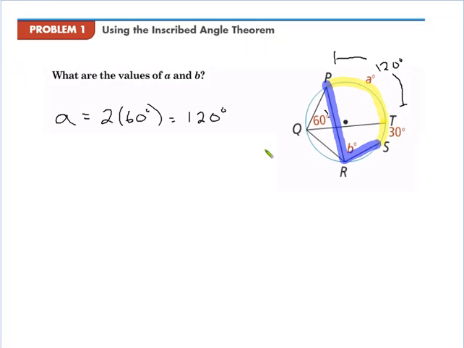Okay, so this time we want to know the angle and I need to know the arc that's in yellow. If you'd like, I'd like you to pause the video for a minute and see if you can determine how many degrees is on the arc that goes all the way from P to S.